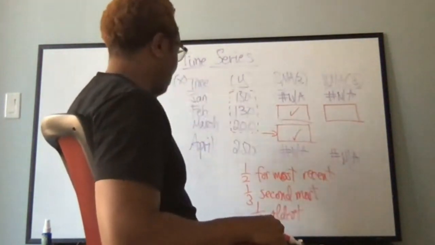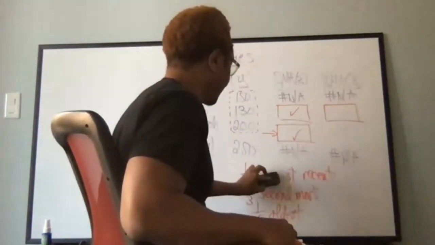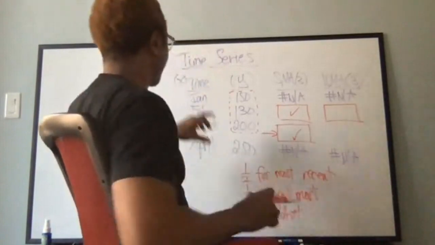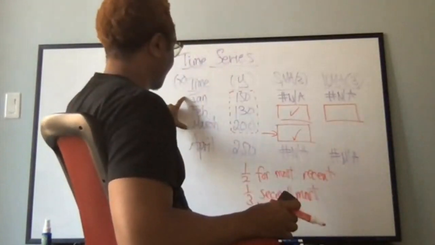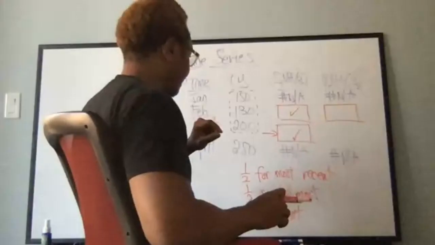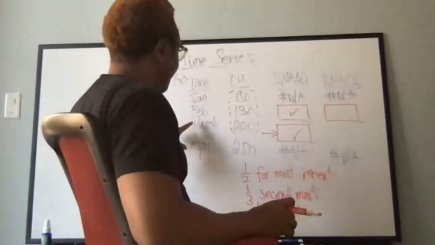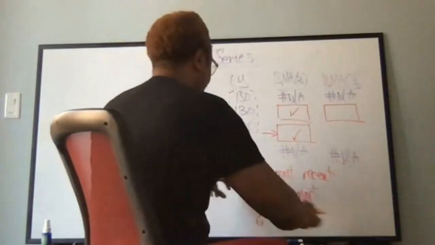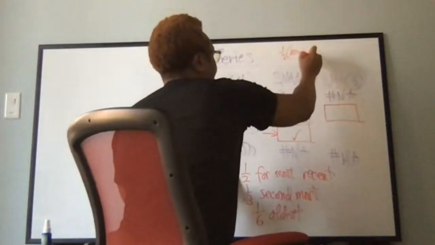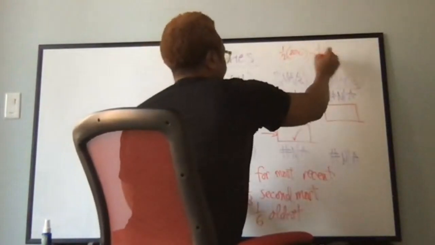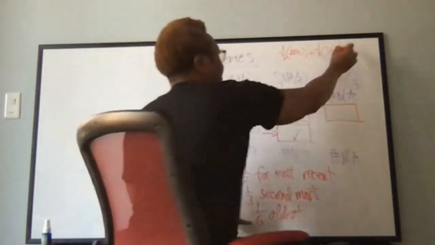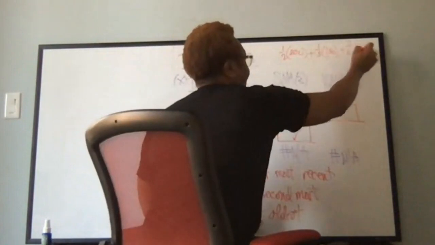The most recent. Out of these 3 numbers, which one is the most recent? 200. January, February, March, this is the one that's closest to me. So we'll have 1/2 times 200, plus 1/3 times 130, plus 1/6 times 150.